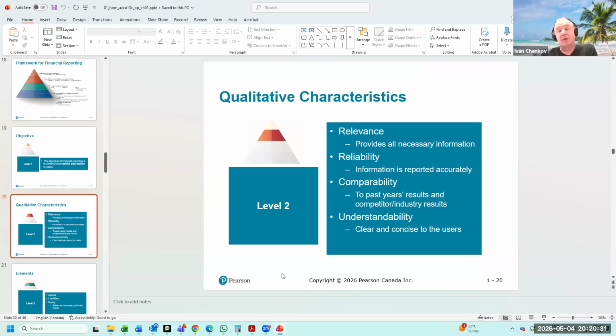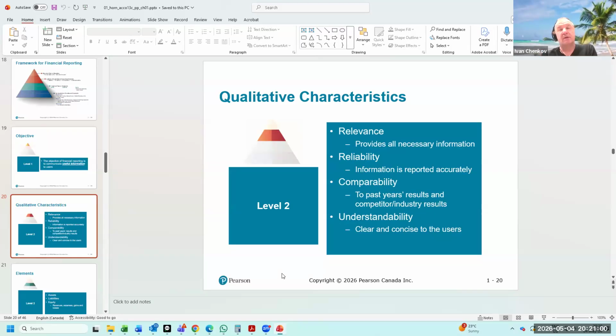Under the characteristic of understandability, the International Financial Reporting Standards say this: preparers of the financial statements are not responsible if the users of the financial statements, which are creditors, lenders, and investors, don't have sufficient knowledge to read the financial information.